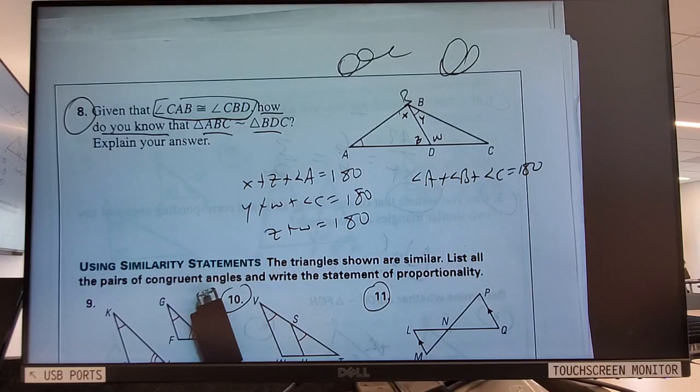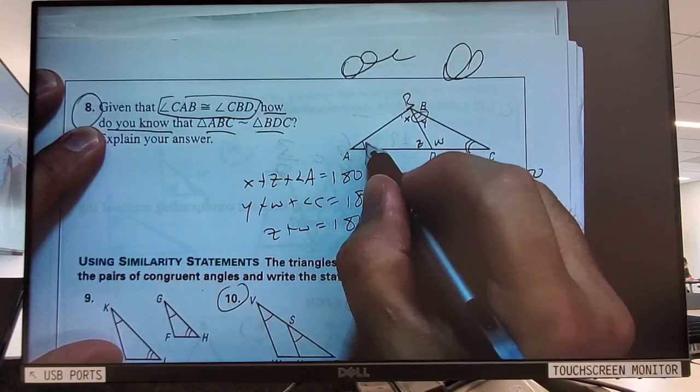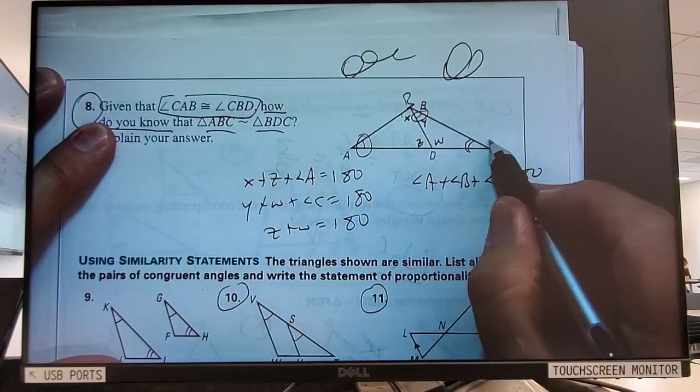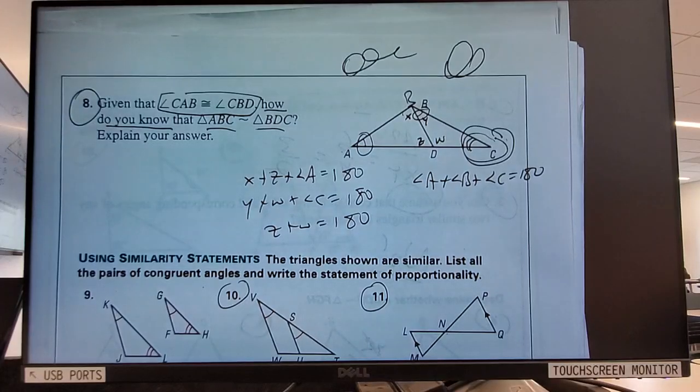Which angle do both triangles we're talking about share? C. So isn't that angle congruent in both triangles? Because it's the same angle, correct? So do I have 2 angles that are congruent between the 2 triangles? In this triangle, the little one, BDC, this angle is congruent to that angle in the other triangle, ABC. In BDC, this angle is congruent to this angle in ABC because of the same.